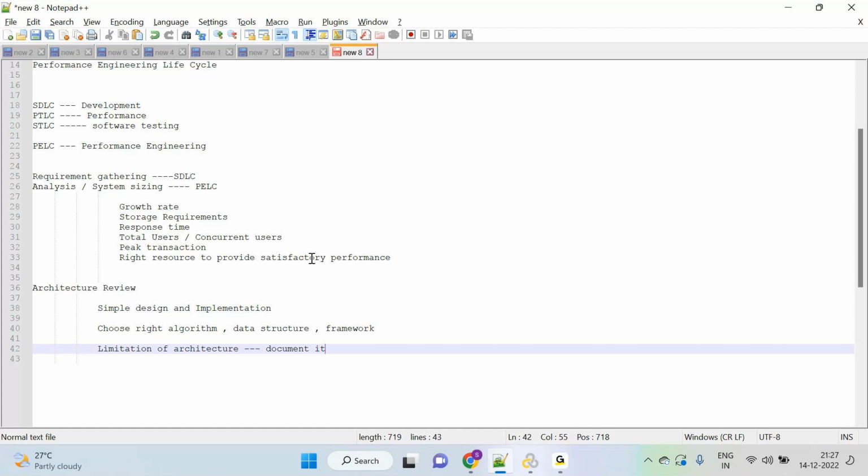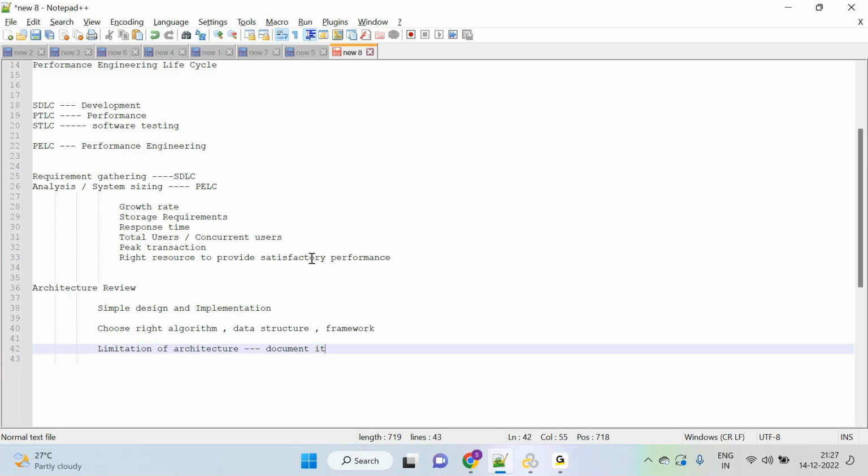That's a limitation. So you should know the pros and cons of your application architecture, so that whatever implementation you are going to do, you understand the limitations you have.